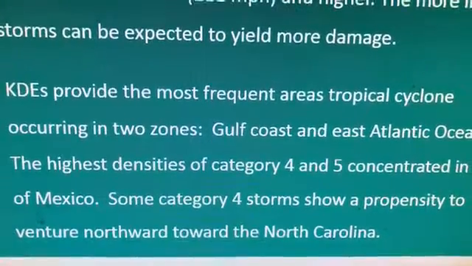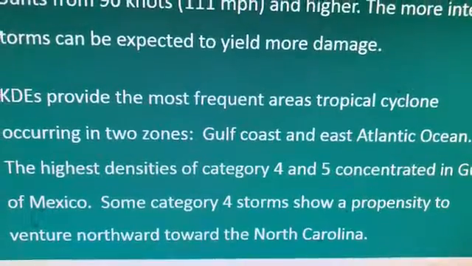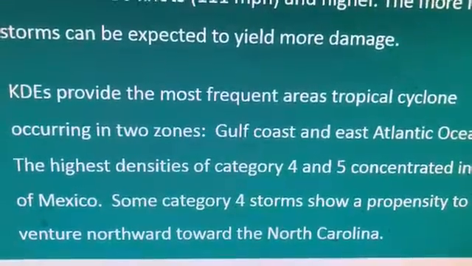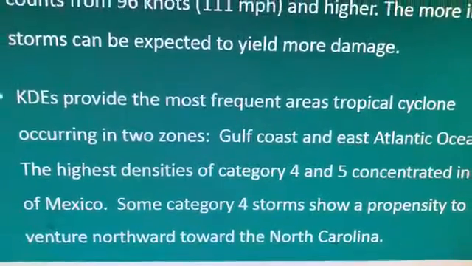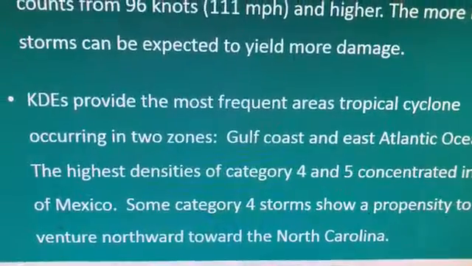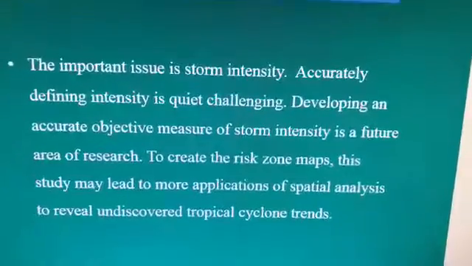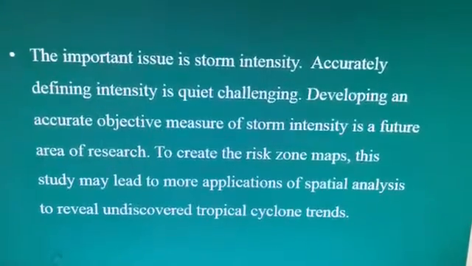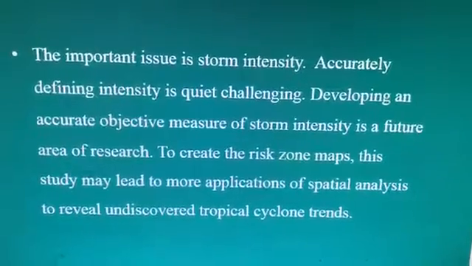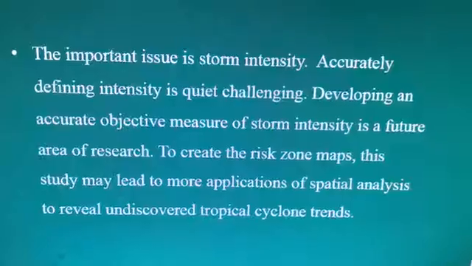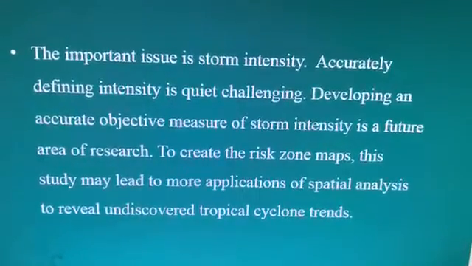Some category 4 storms show a propensity to venture northward towards North Carolina. Besides the result, the important issue is storm intensity. Accurately defining intensity is quite challenging.